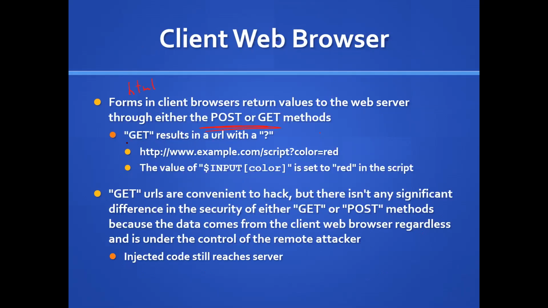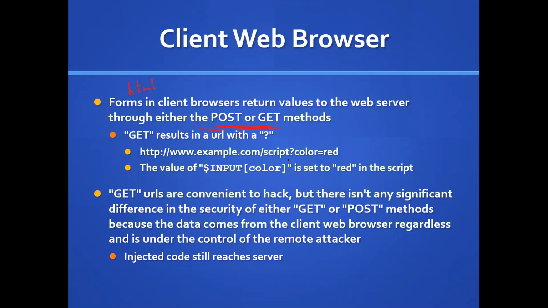You've seen that in the action field of the form in HTML, where you can specify the post and get request. Later on, as we do other labs related to this, we will look more specifically at get and post. The get results in a URL with a $sign.